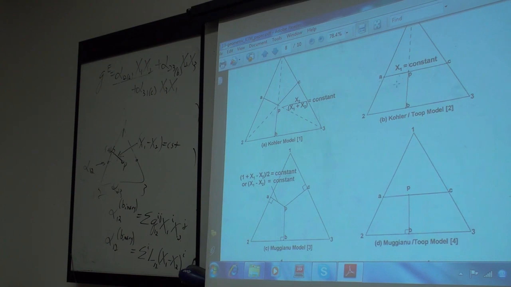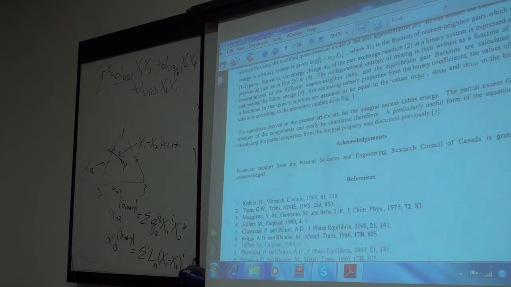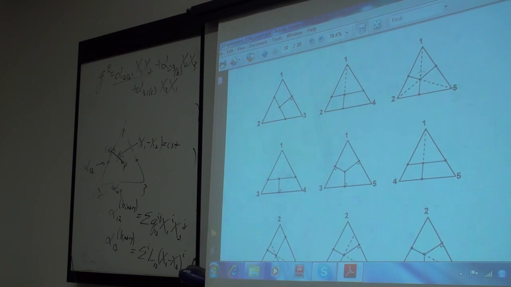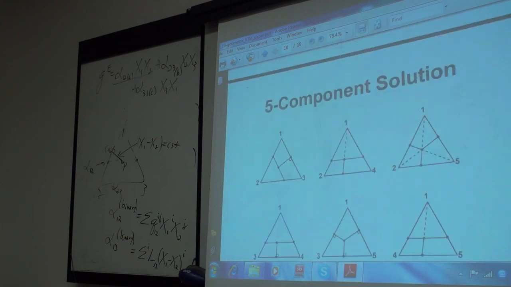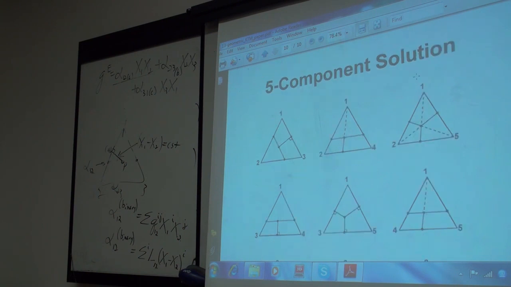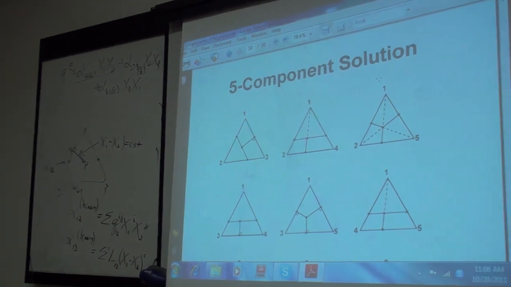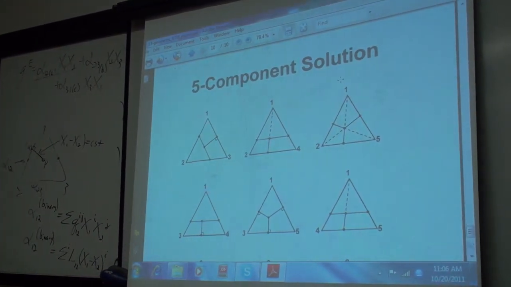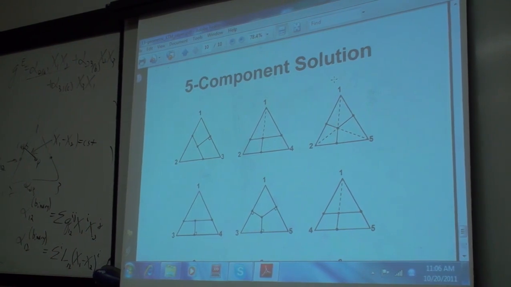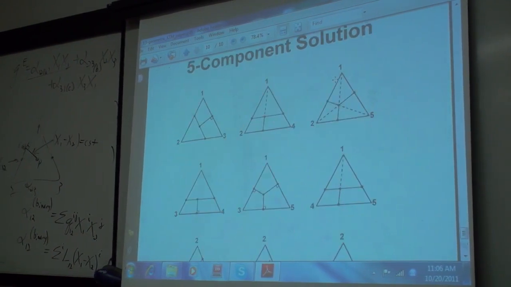So let's say I have a 5-component system, and this is how the databases are built up. This is what this whole paper was about, actually. You have a 5-component solution, 1, 2, 3, 4, 5, and you have optimized all 5 binary systems. And now you've estimated each ternary system, and for each ternary system, you've chosen one of those models that I showed before.